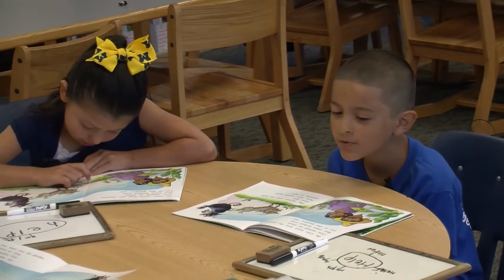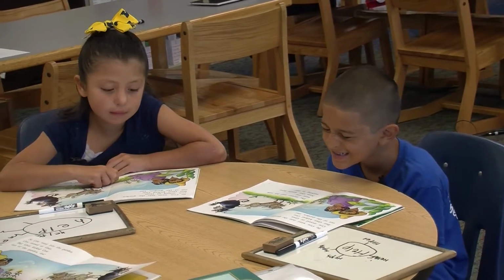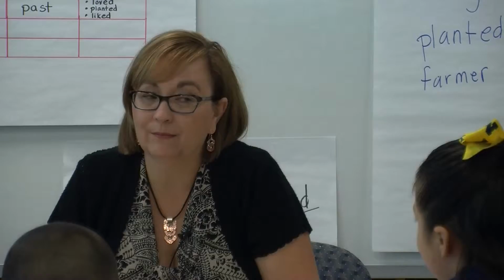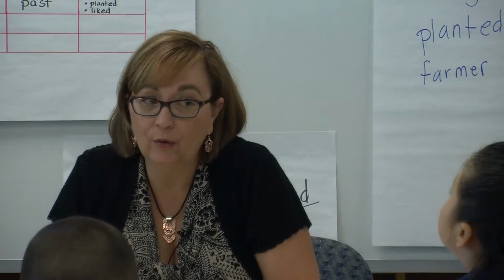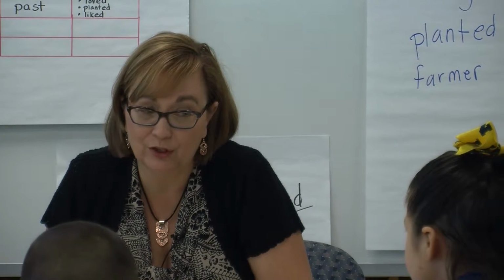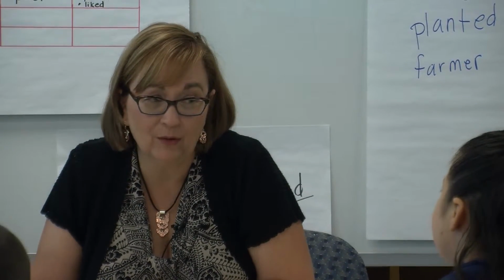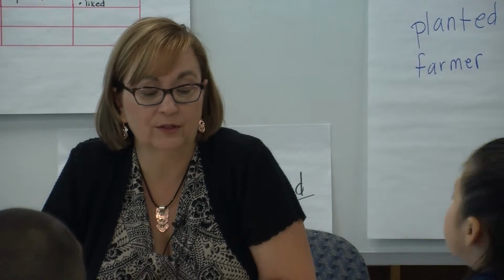What did you have to do? How do you know? What did you have to look at? You had to look at the ED, the end of that word, to know, right? Sometimes it doesn't have ED, but it's our job to look at the end of those words carefully. It could change how the story is read if we don't. Keep going, Nathaniel. That was good work.